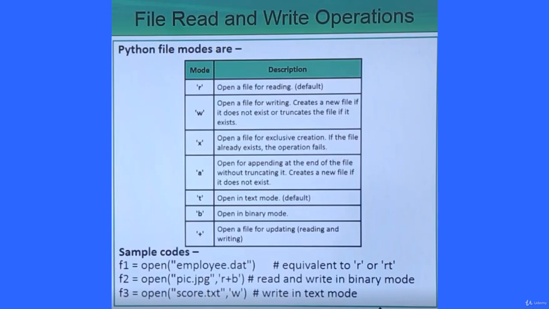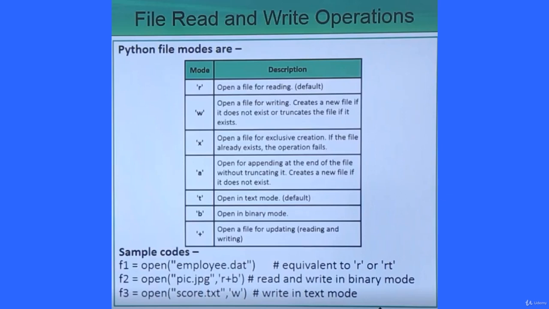F1 is equal to open employee.dat. Here you see we didn't mention any mode, so by default R mode will be used, equivalent to R or RT. What is RT? It is read text mode. F2 is equal to open pic.jpg R plus B. R stands for the read operation, and B is binary mode, that is read and write in binary mode.